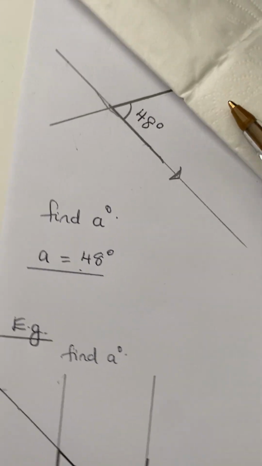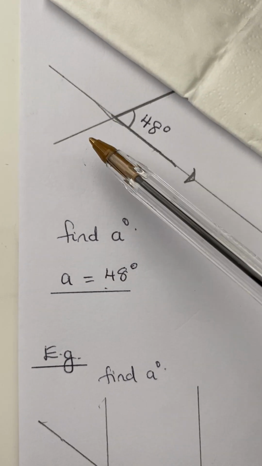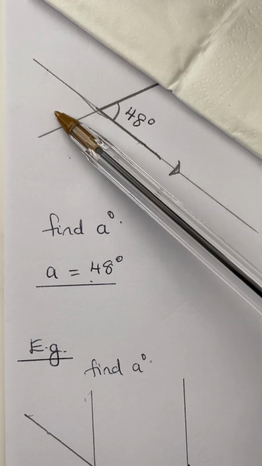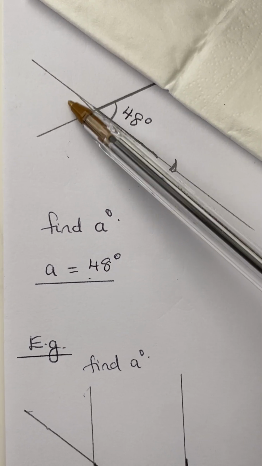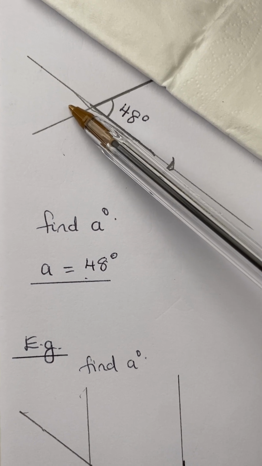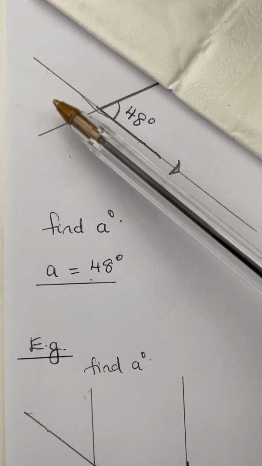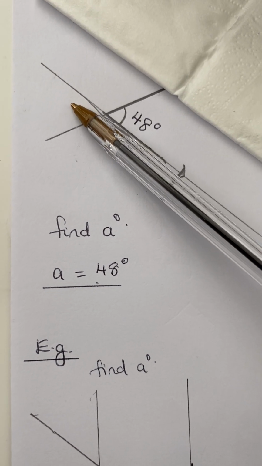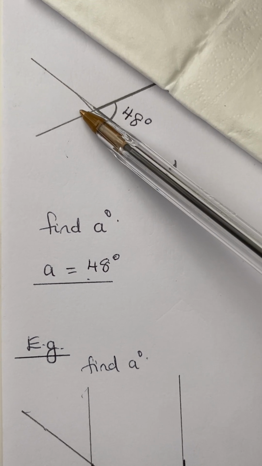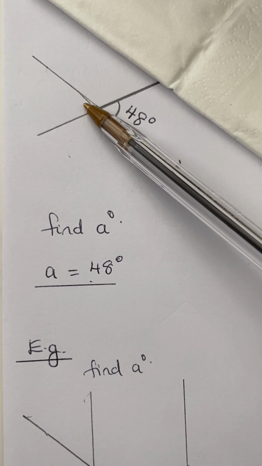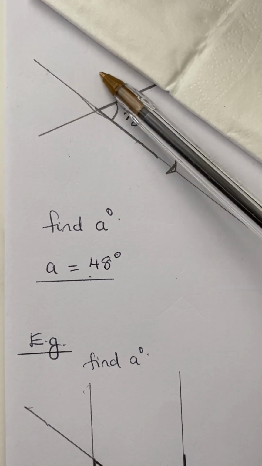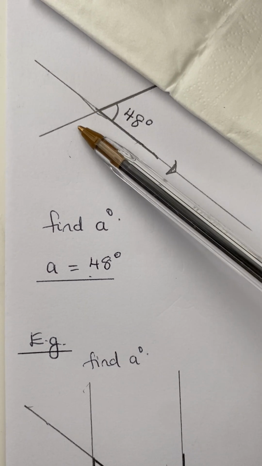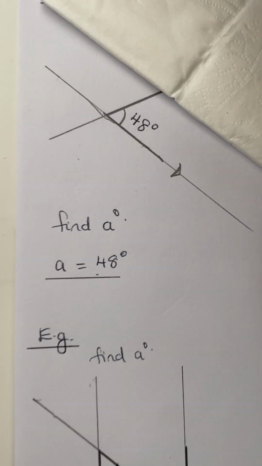So with the knowledge of what we did yesterday, we can find the opposite, and then whatever we get, 48 and 48, we add them together, take that from 360, divide by 2, and that will be this angle here, and that will be this angle here.